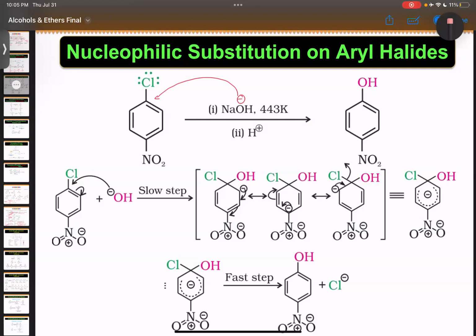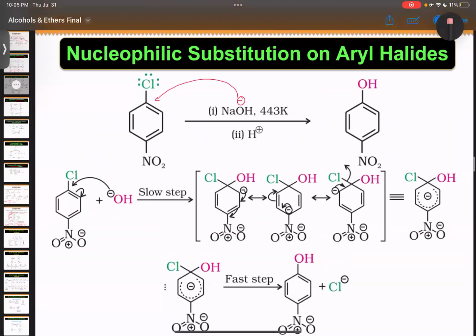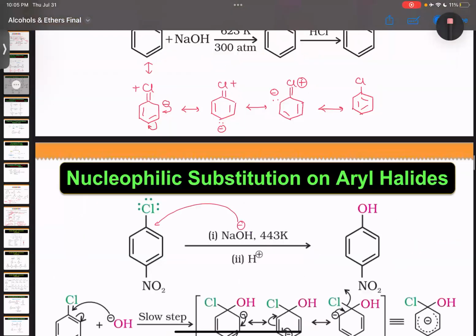So, but there is a point. It is not always so difficult. If you have an electron withdrawing group at the ortho and para position, it can make it easy. Is it clear or not? Yes. Because that minus charge is passing through the ortho and para position, you can see. Right?